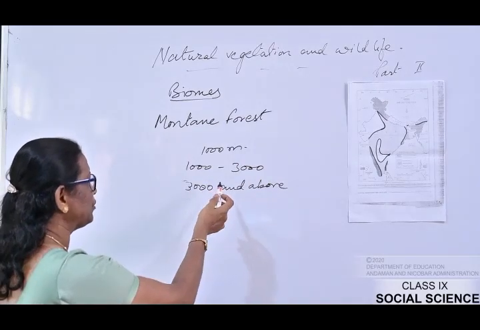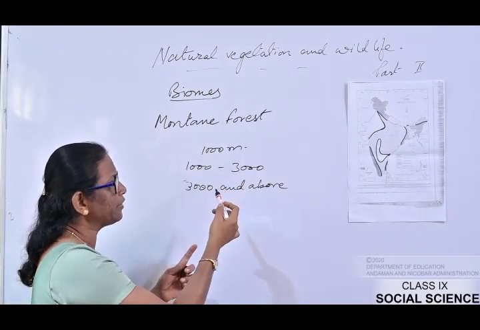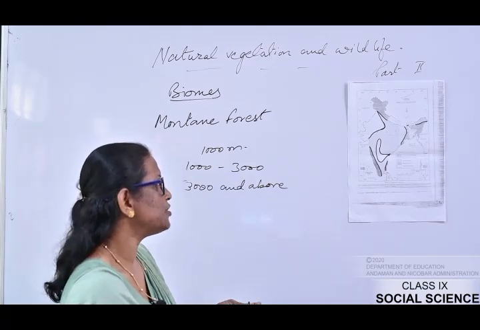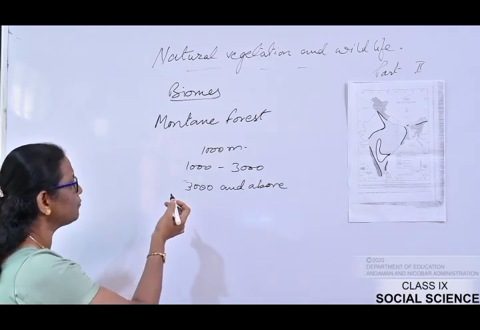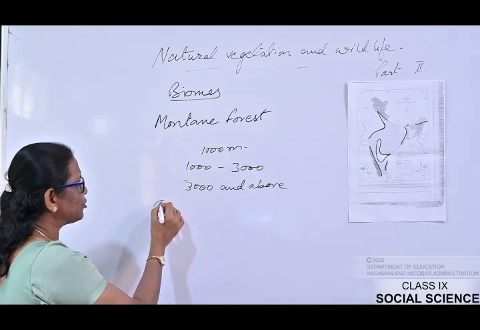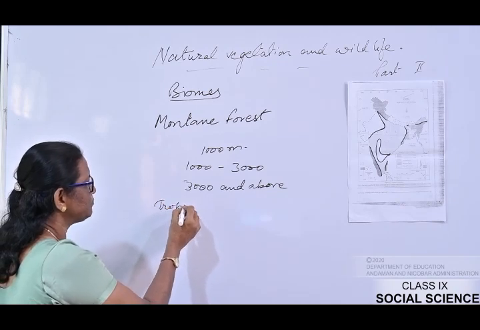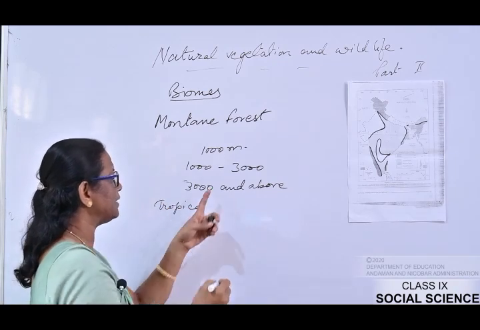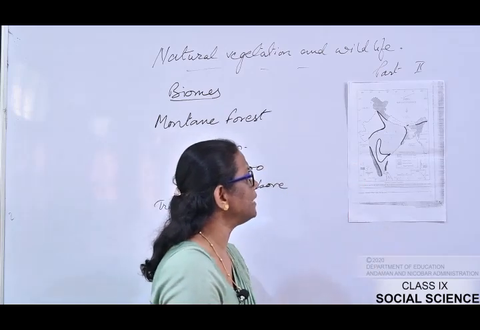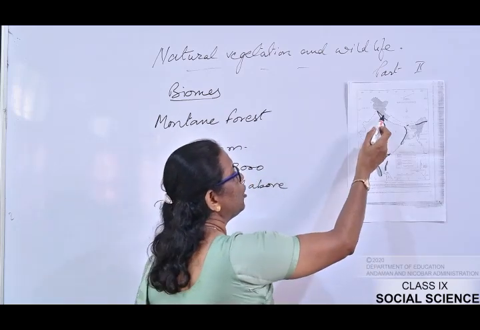As the altitude changes, corresponding to it, the vegetation also changes. As first we studied about tropical evergreen forest, that is in the up to 1000 meter height, that is in the lower region.